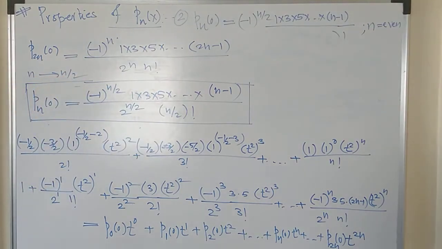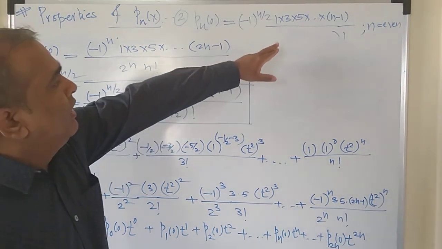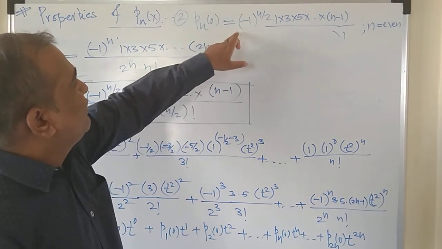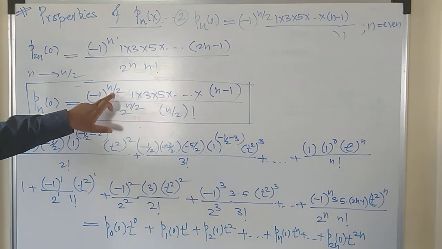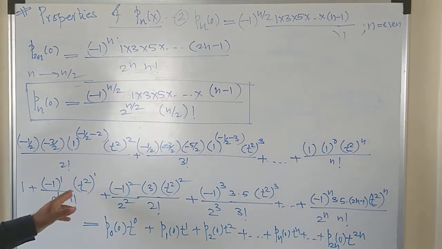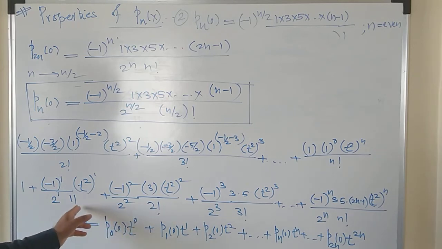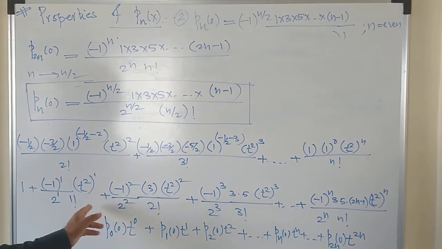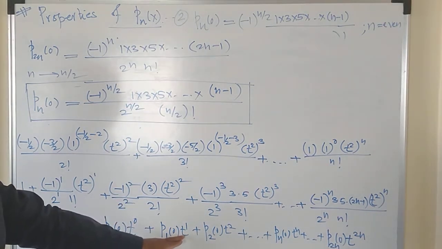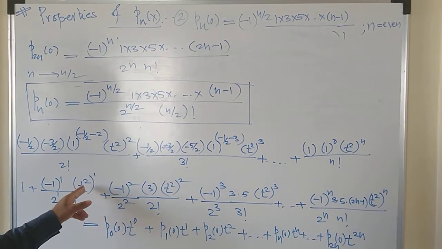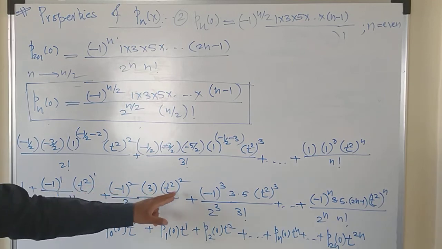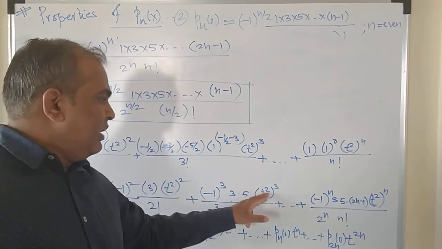One more thing, for the second property, Pn of 0 equals 0 when n is odd. This was for n even. Now if you compare in this equation the odd powers of t, t raised to 1, t raised to 3, here you will not find t raised to odd powers. This is t squared, this is t raised to power 4, this is t raised to power 6.